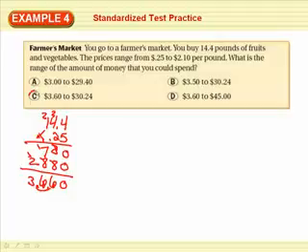And notice that eliminates A and B. So our answer has to be either C or D. And at $2 a pound, even if we just rounded 14 times 2, it would be 28. I don't think we would ever get up to 45.